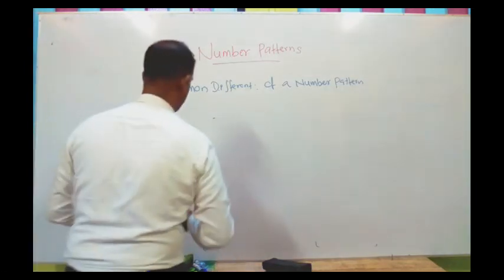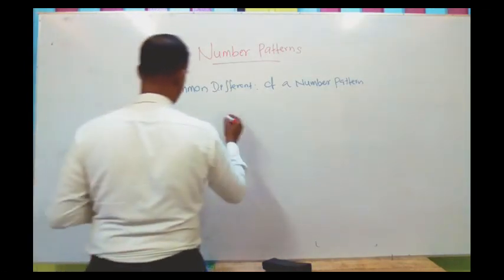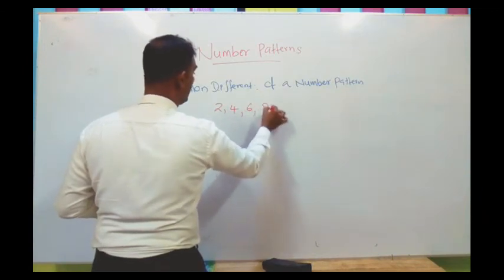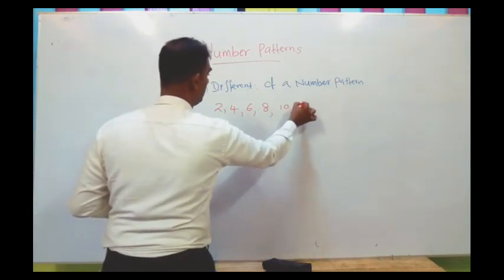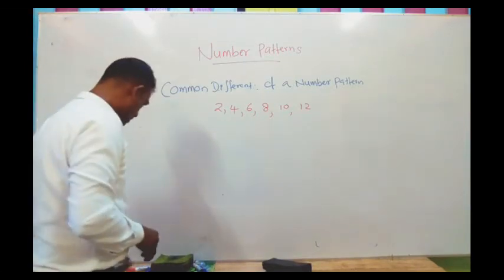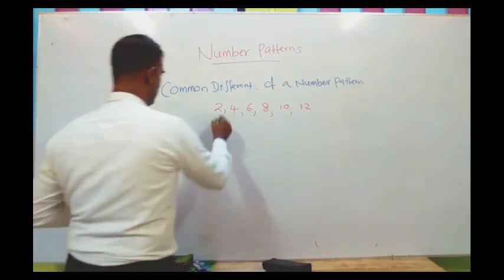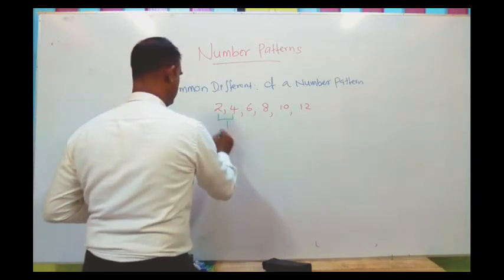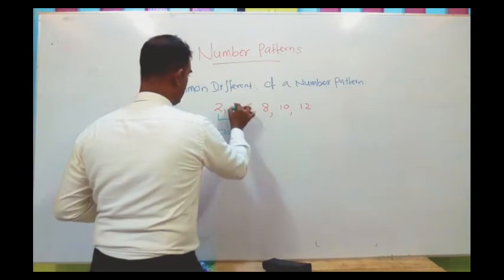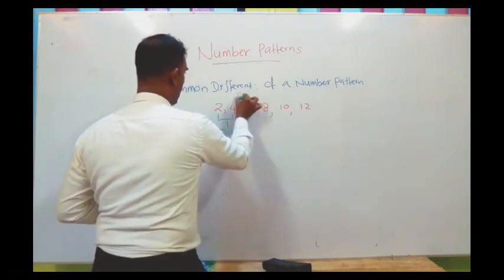See the example. I will write again. 2, 4, 6, 8, 10, 12. What are the close terms? These are close. Next, these two are close.